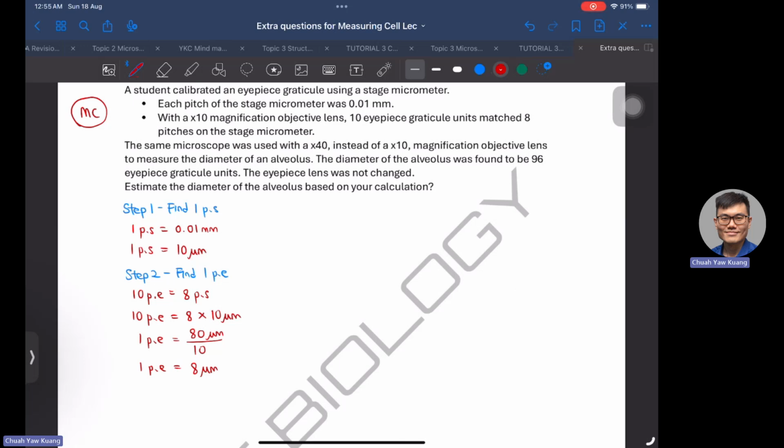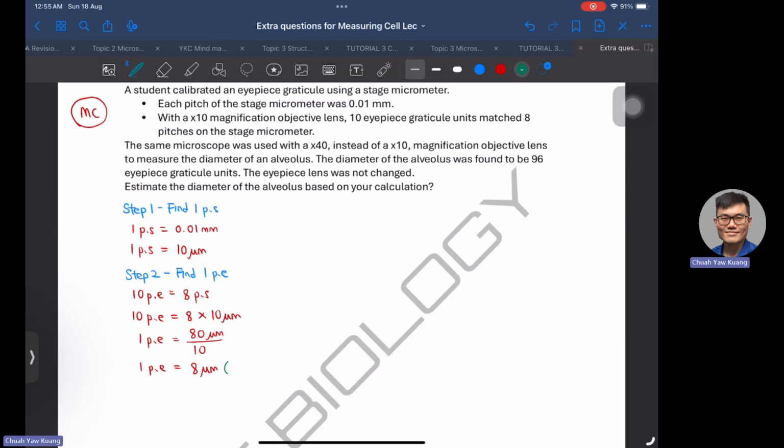But there's one problem here. If you read the second part of the question, you will see that this 8 micrometer for one pitch on the eyepiece reticule is actually the size when it is under 100 times magnification. I will write in green color.